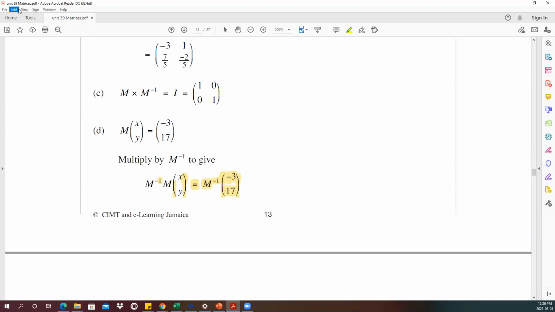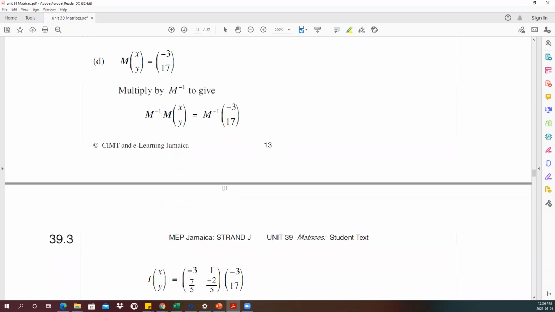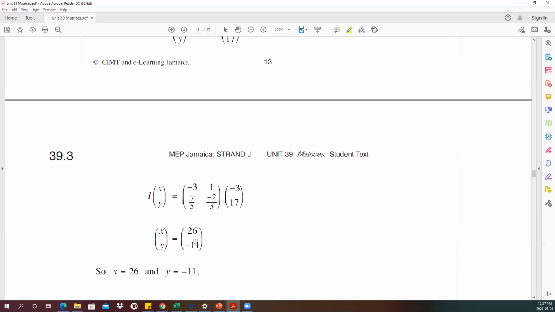So m inverse times minus 3, 17. You work that out and you get 26 over minus 11. And this is the answer that you're looking for.